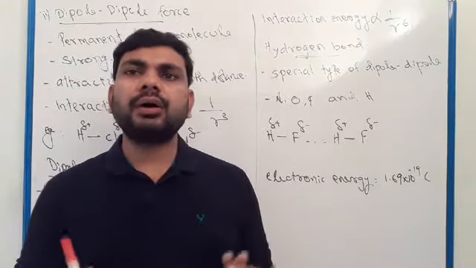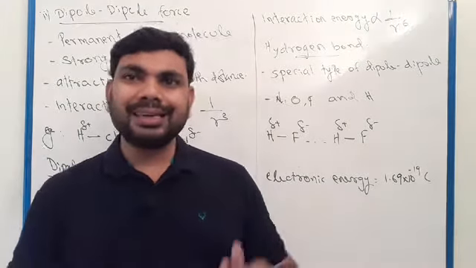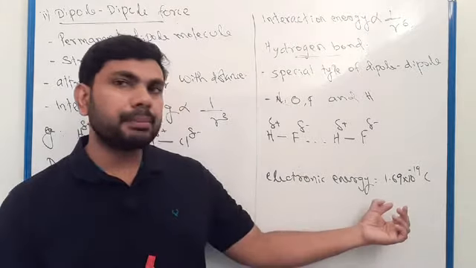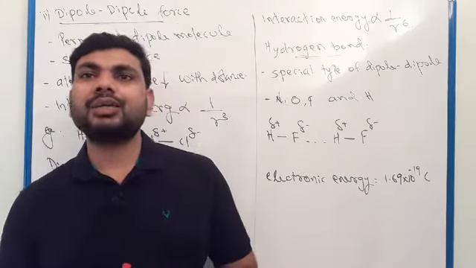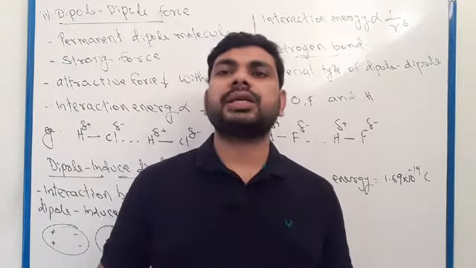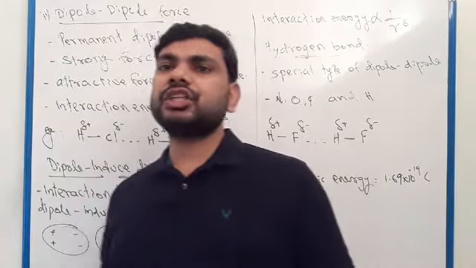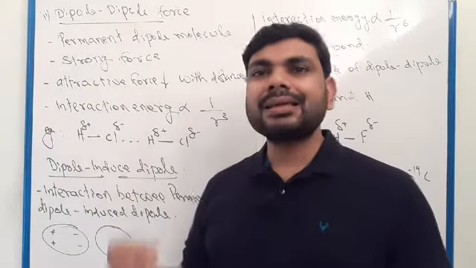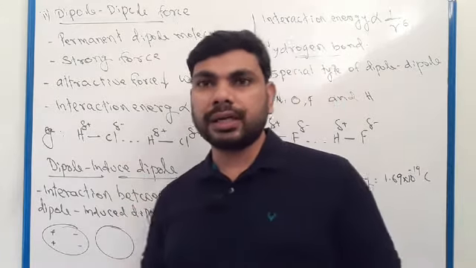The quantity of charge is very small, less than 1 electronic charge. We know 1 electronic charge means 1.6 into 10 raised to minus 19 coulomb. Here partial negative charge and partial positive charge mean it is less than 1 electronic charge.